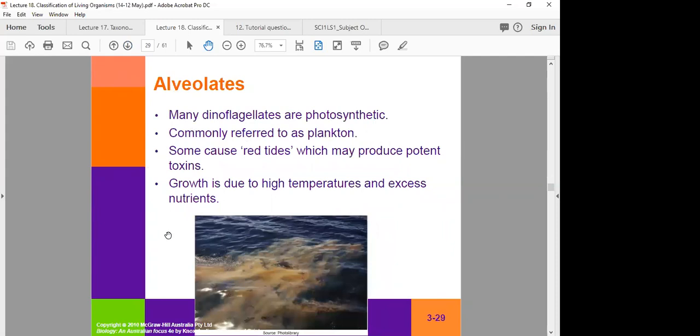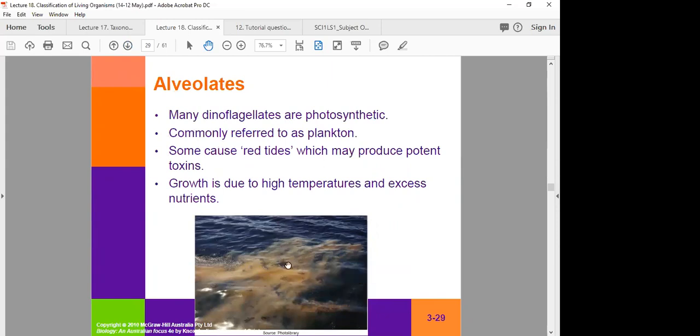Okay, next group of protists, the alveolates. One group of alveolates is referred to as the dinoflagellates, and these are photosynthetic alveolates, commonly referred to as plankton. Some species cause what are called red tides, and some of these are harmless, but sometimes these alveolates produce very, very potent toxins.